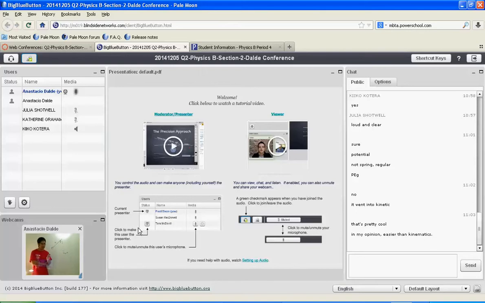Okay, what you do is this. I set up my energy equations. I do the conservation of energy. Maybe the easiest way to write that would be PE plus KE equals PE plus KE, and I put a little i here, f here, and an f here. That stands for the potential energy initial plus the kinetic energy initial is equal to the potential energy final plus the kinetic energy final.